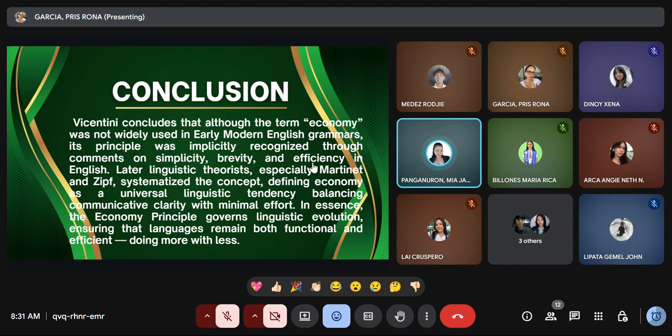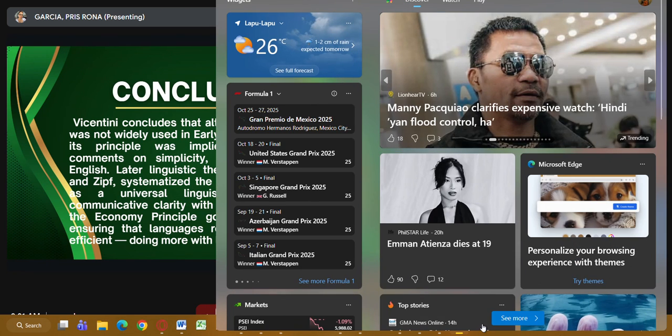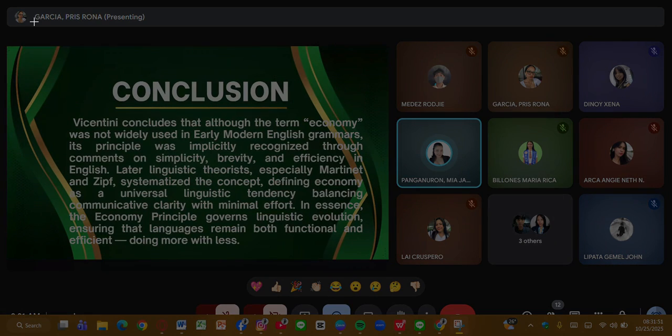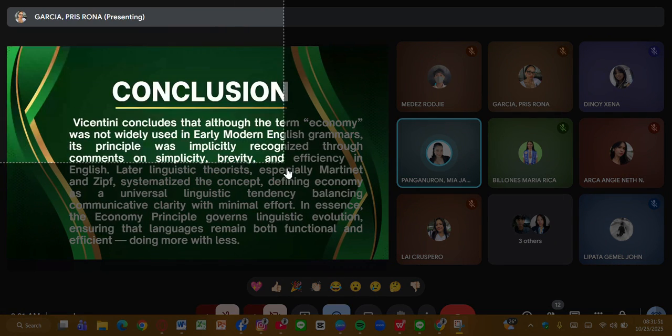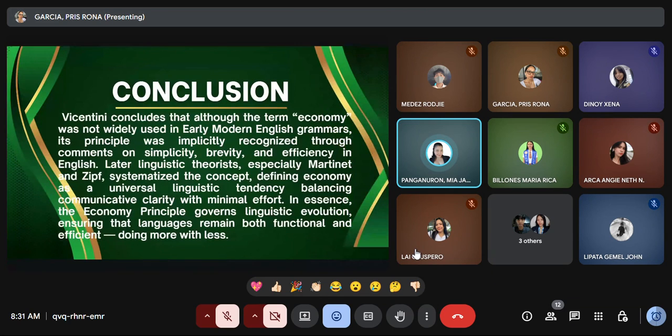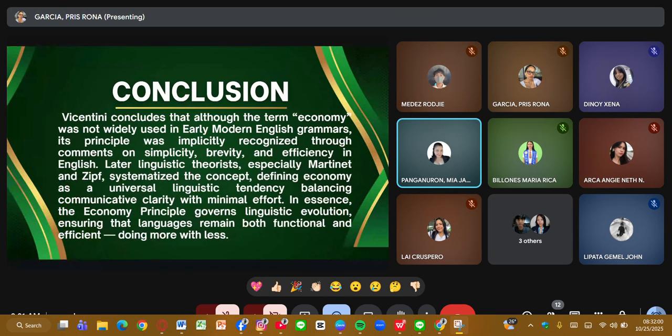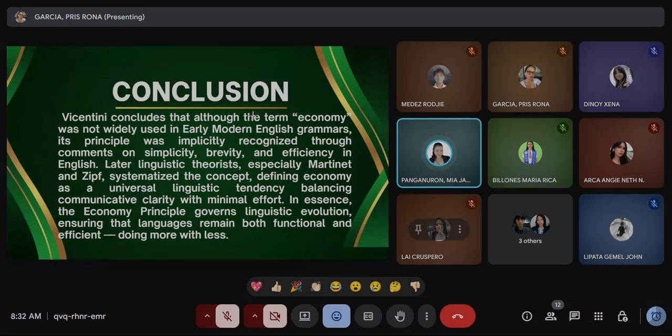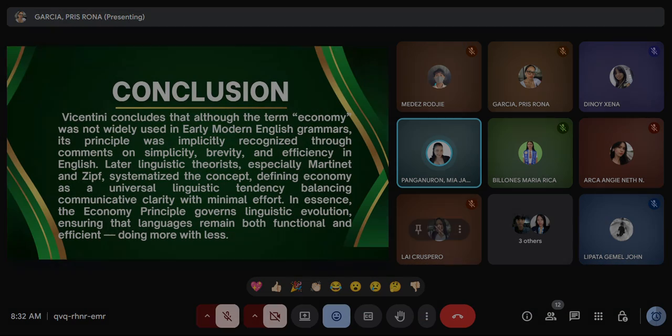First, clarity of communication, making sure that meaning is understood. And second, effort reduction, using the least amount of energy or words possible. So, in other words, speakers and writers always look for the most efficient way to share their message without losing meaning. This principle explains why languages change and evolve over time.